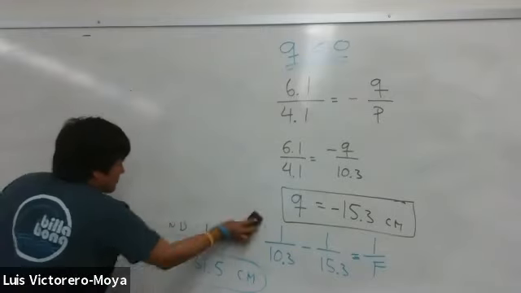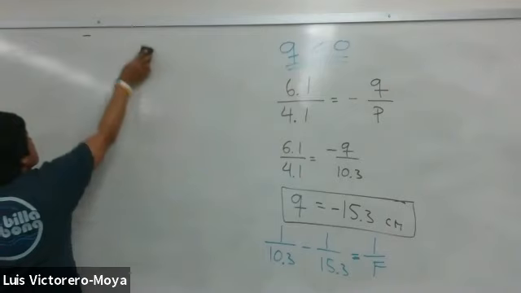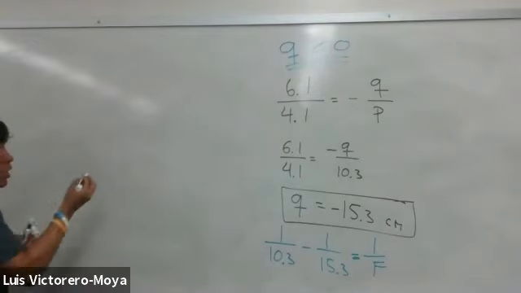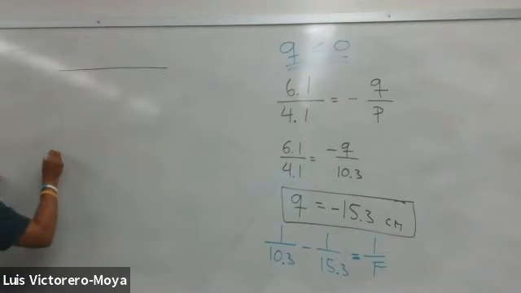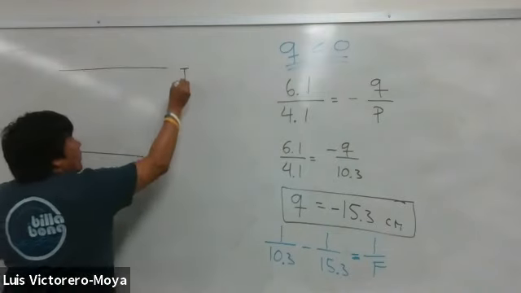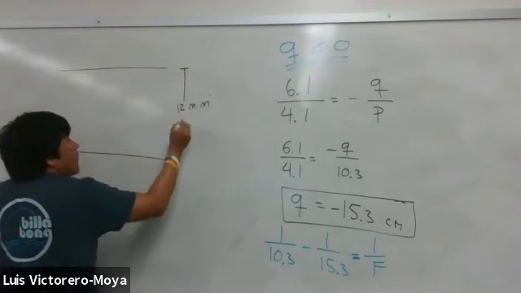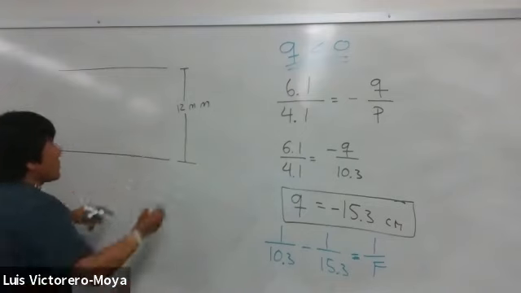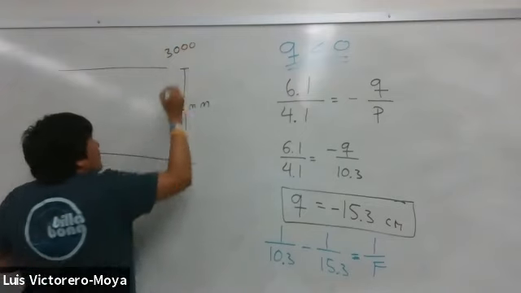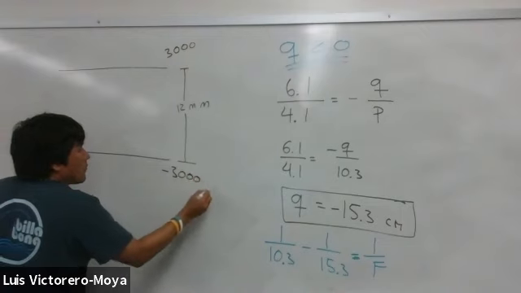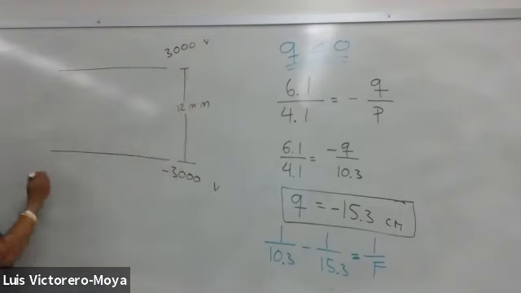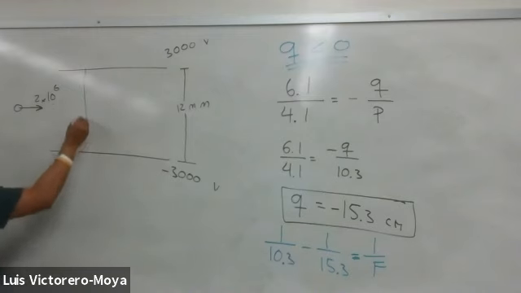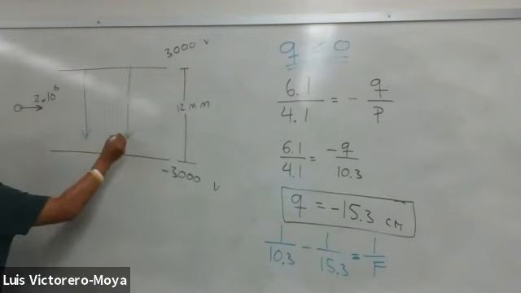All right. So that's 3,000 volts. The electric field is going like that.